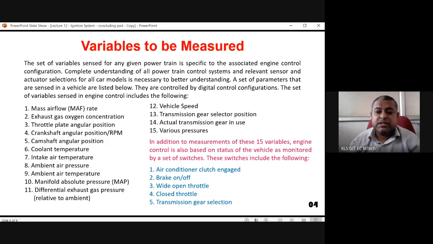These are the 5 switches or positions of gears or clutches that decide the performance of the vehicle: air conditioner clutch engaged, brake on or off, wide open throttle, closed throttle, and transmission gear selection. So these are the 5 switches, and these are the 15 parameters you have to remember. They tell about the performance of the car at any time, and there are sensors for all of this.